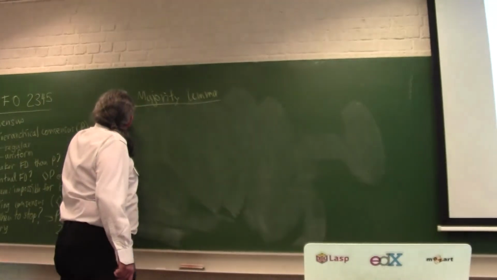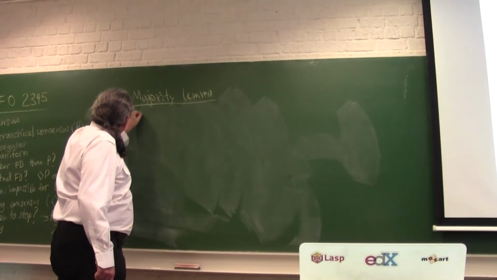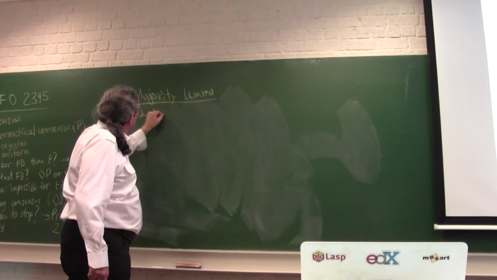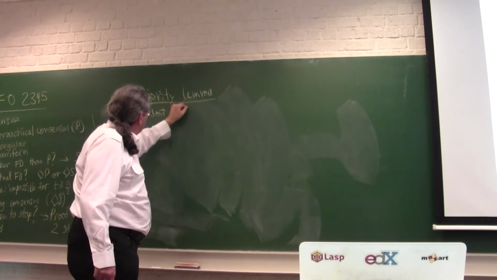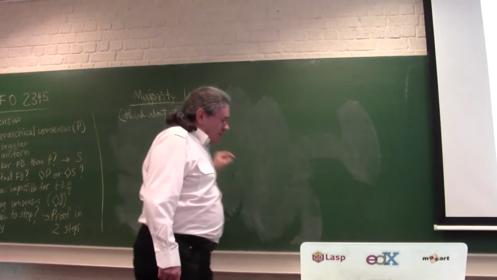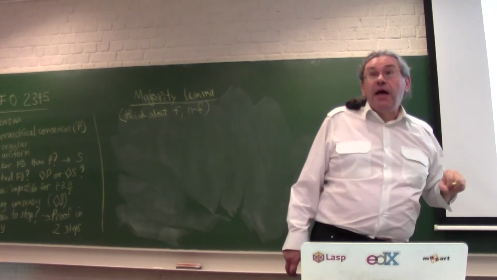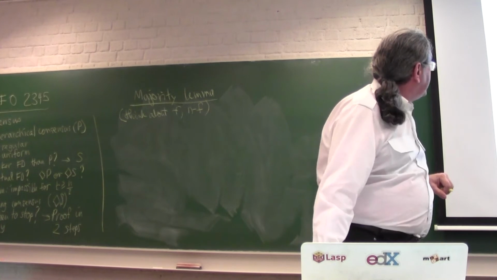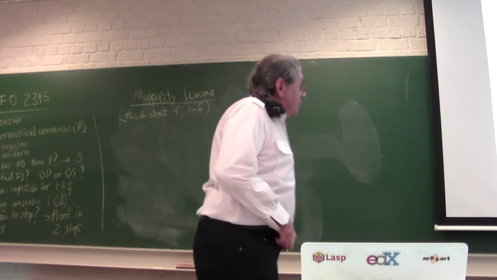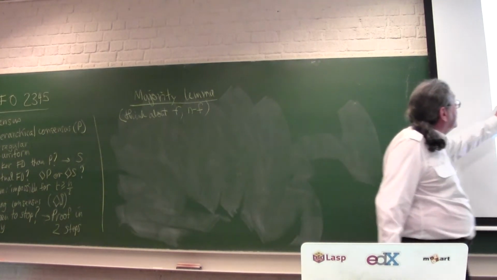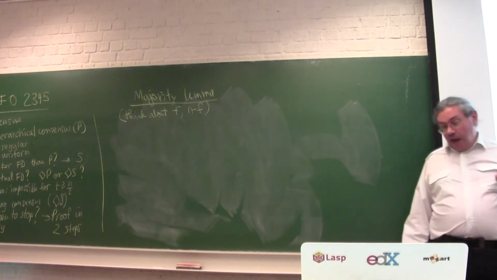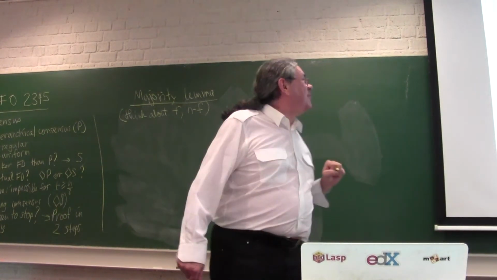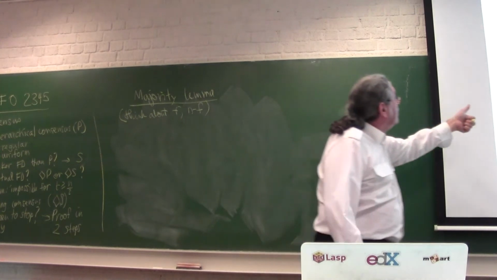So basically, I want to think about what the role of f is, the f and the n minus f messages. Because of that f, we can actually do something. So here is the majority lemma. We can prove this. This is where f less than n over 3 comes in.